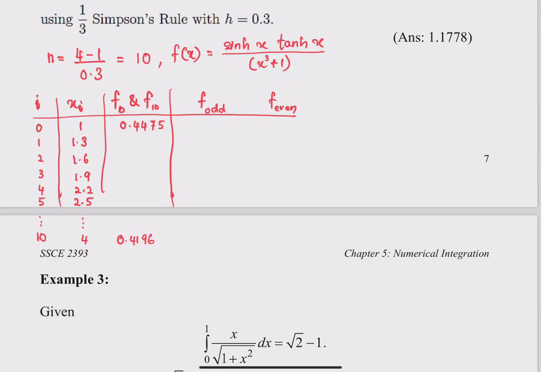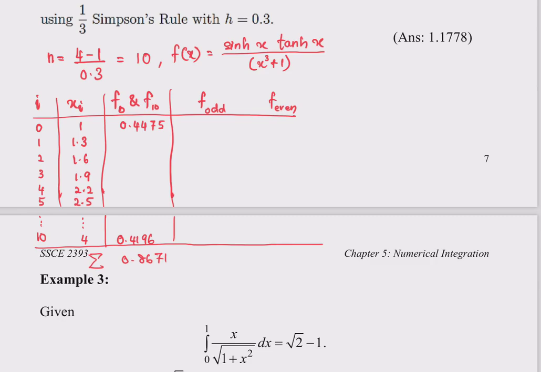So in this column we only have the values of f0 and f10, and then we also need the summation to make it easy. Here for the summation you will get 0.8671, and then for the odd ones, 1, 3, 5, 7, and 9.